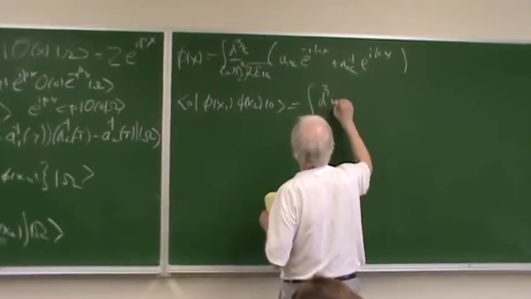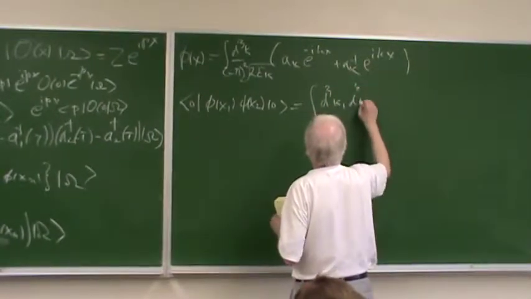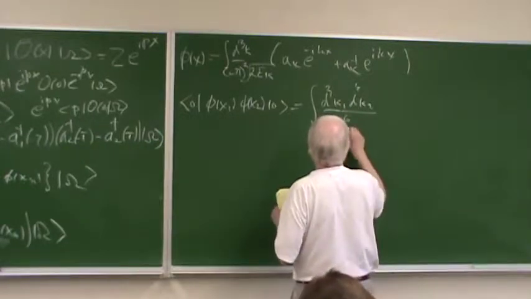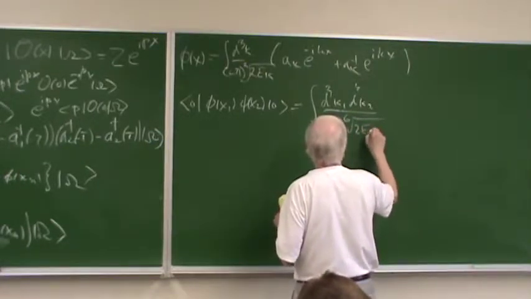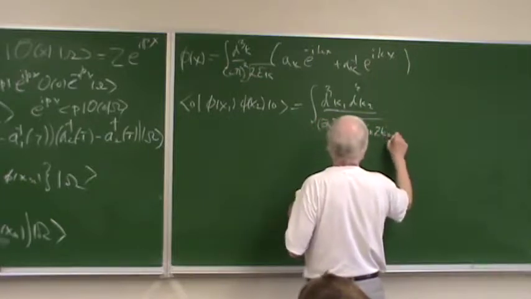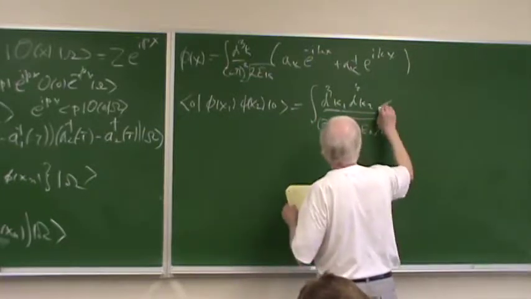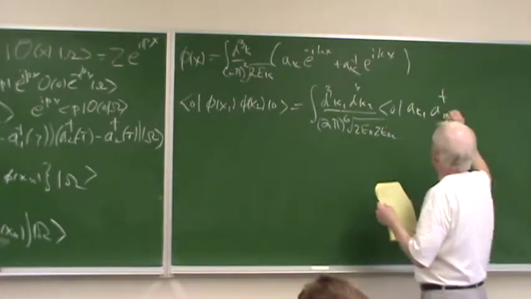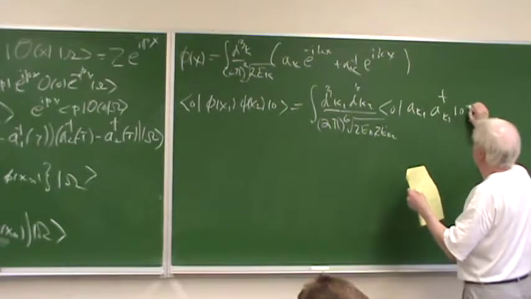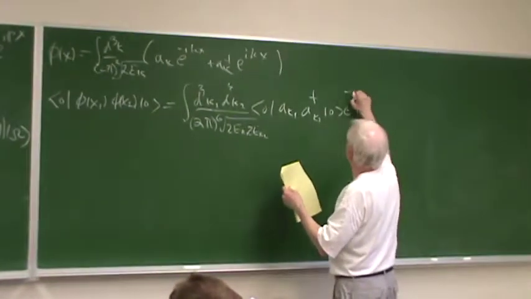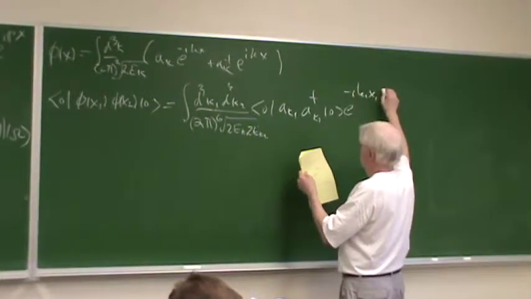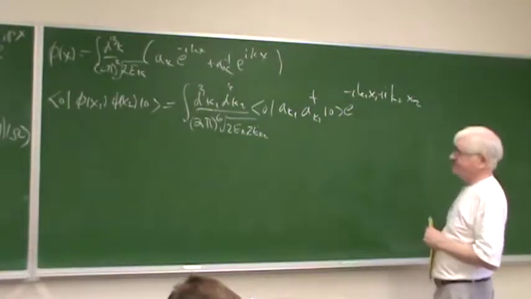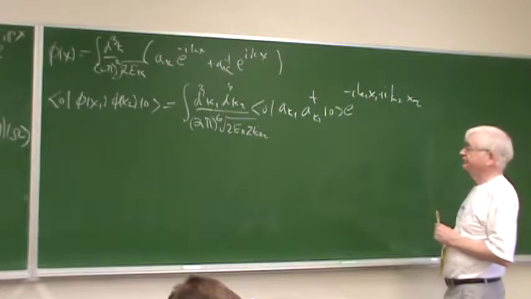So this is the integral d cubed k1, d cubed k2 over 2 pi to the 6, square root of 2 E k1, 2 E k2, vacuum a_k1, a_k2 dagger, vacuum e to the minus i k1 x1 plus i k2 x2. All right, so that's what we've got.